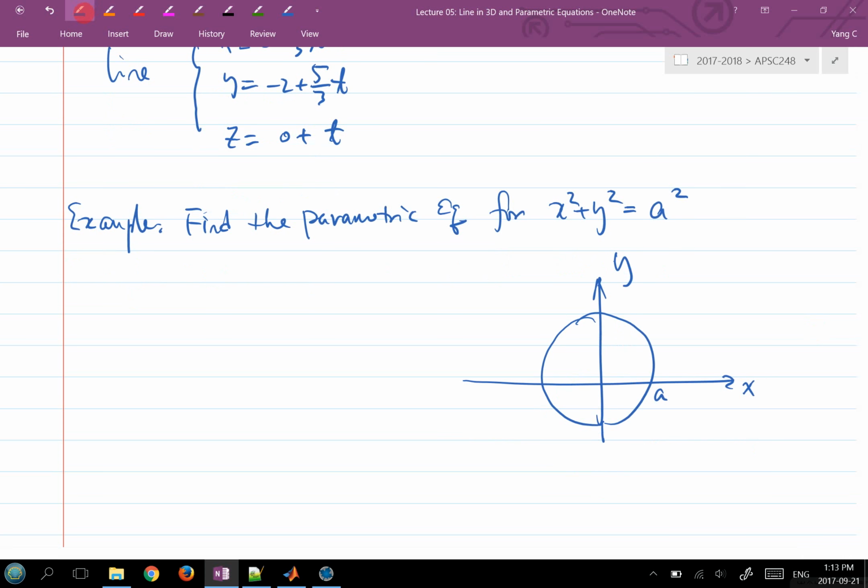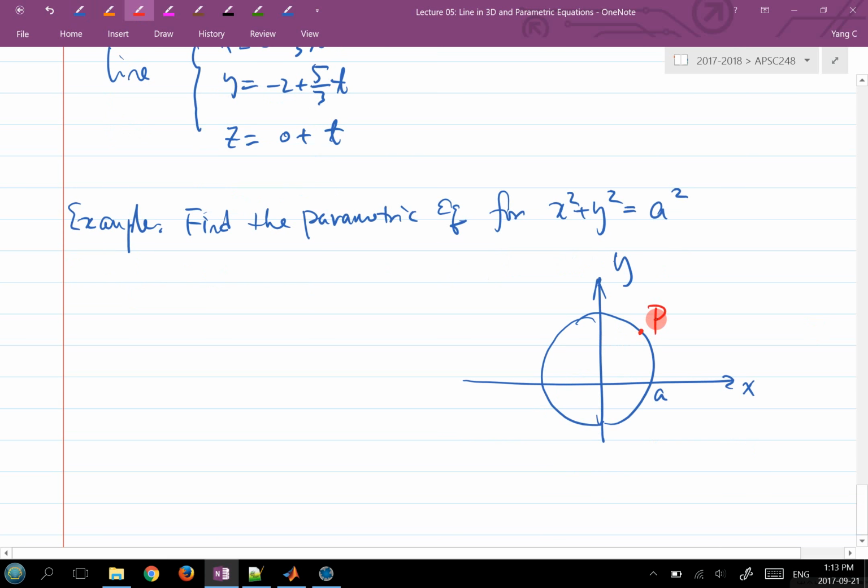Ultimately, what you try to do is think of this as the trajectory of some moving point P. The point P will move around this curve C, which is a circle in this case.